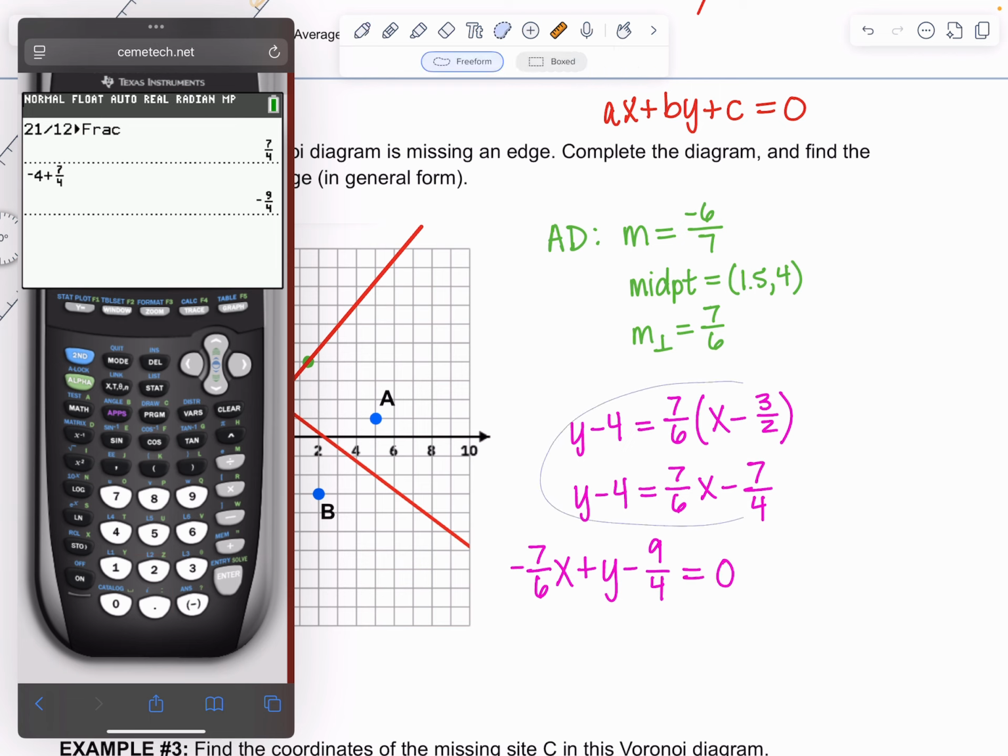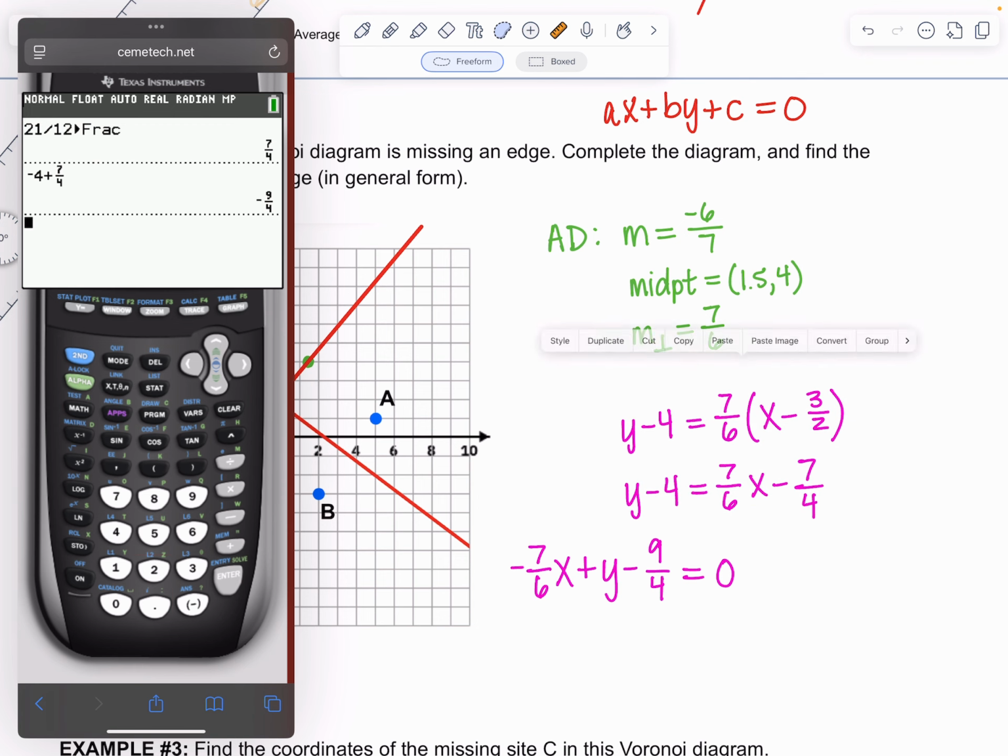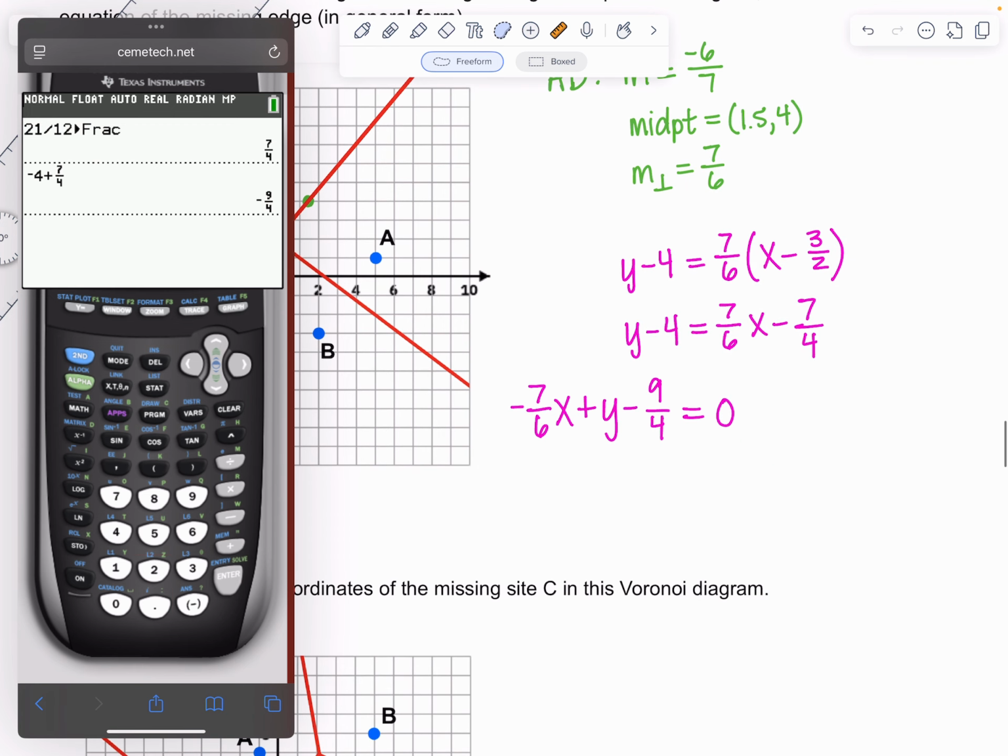So now that we got that in line, we can then multiply by something to get rid of the denominator. So I'm going to multiply everything in this equation by 12. And then that will get rid of my fractions. So negative 7 over 6 times 12 is negative 14x. And then we're going to have plus 12y. And then 12 times negative 9 over 4 is negative 27.